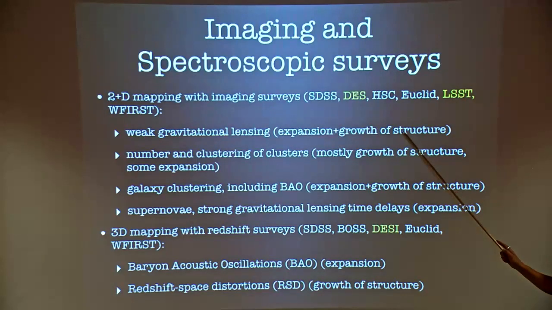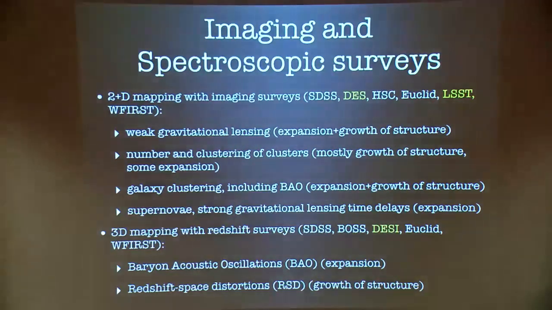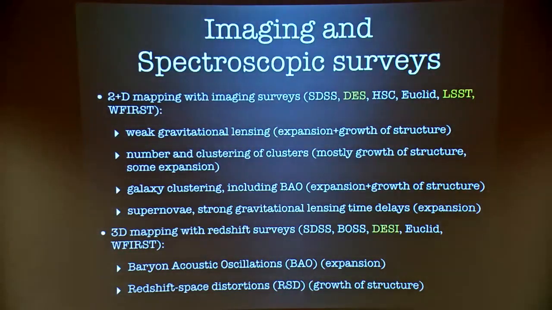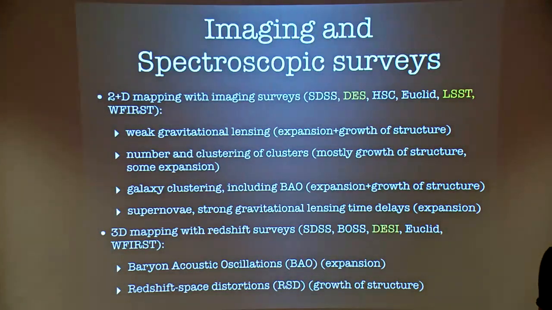So different ways of basically making that map and measuring aspects of that map tell us different pieces of this, okay? And so that gives us a lot of consistency checks to really understand, do all of the pieces of this puzzle fit together when we measure it at high precision.